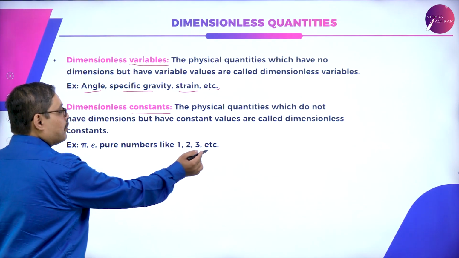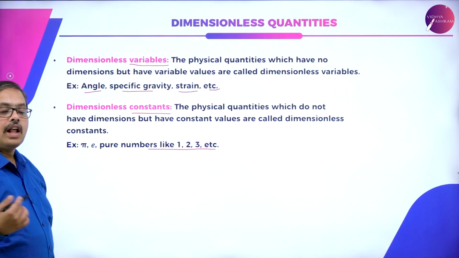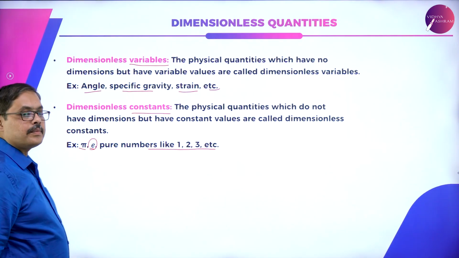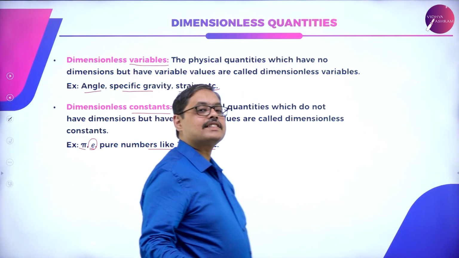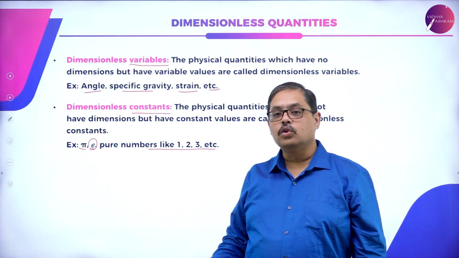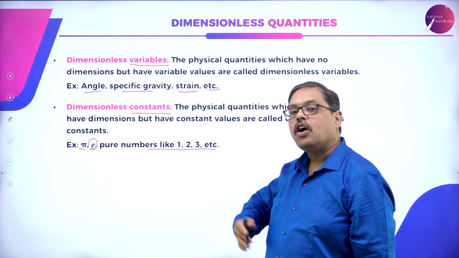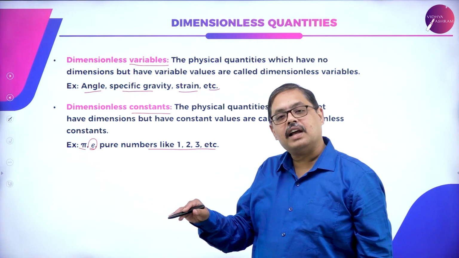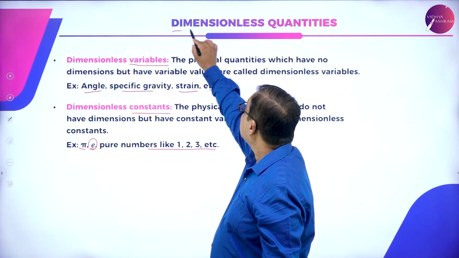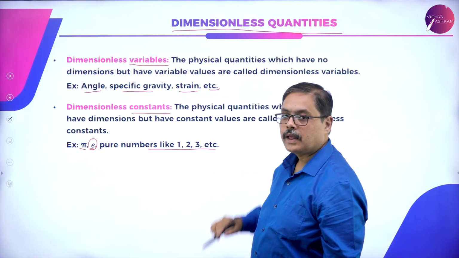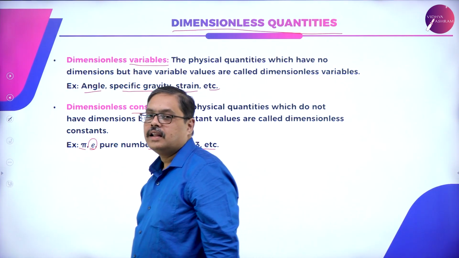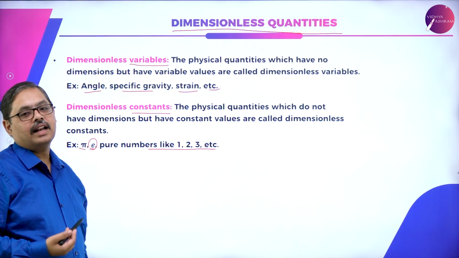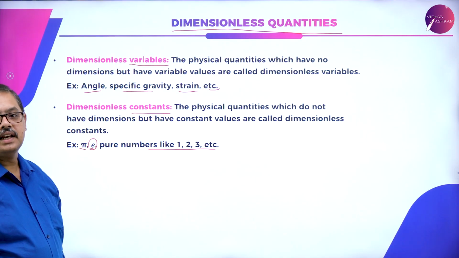Similarly, all pure numbers, along with numbers like pi, e, Euler's constant, etc., are dimensionless constants because their value does not change. So it is not that all quantities have dimension. There are certain quantities which do not have dimensions and they are called dimensionless quantities. One is the variable like angle, strain, etc. The other one is a constant like all the numbers, pi, e, etc.